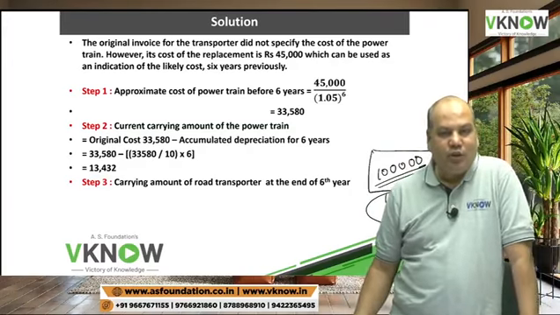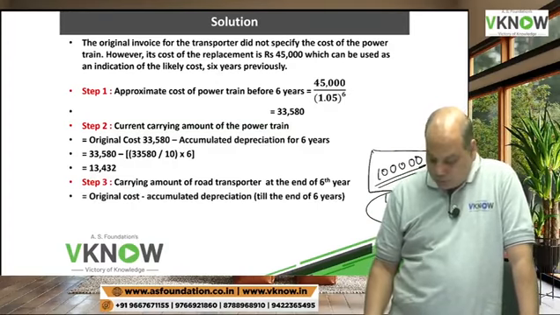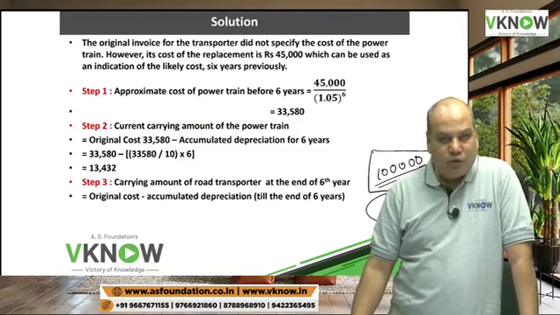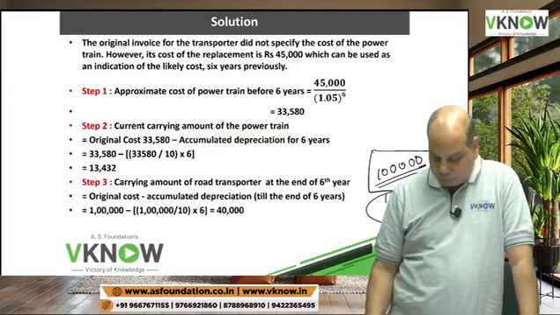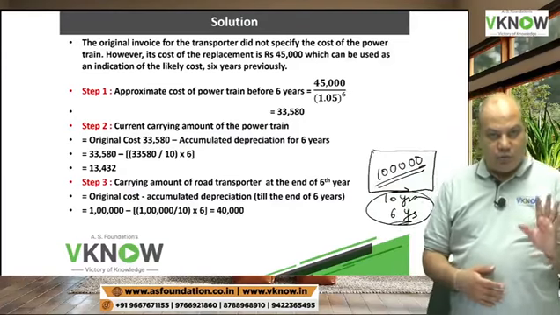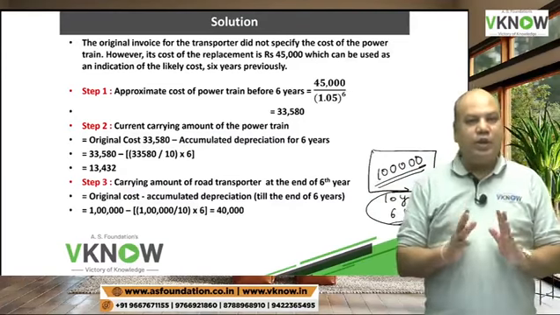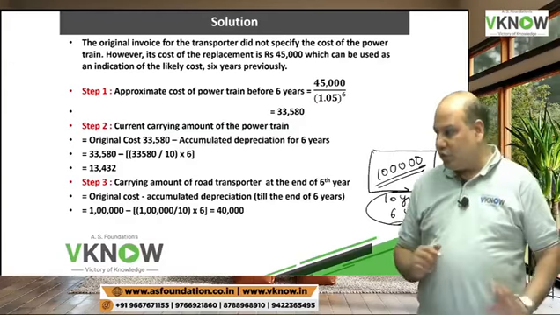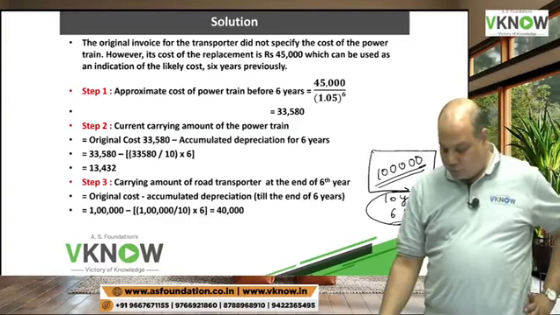What is the carrying amount after 6 years of the entire road transporter? The answer will be, like you have computed earlier, original cost minus accumulated depreciation. Original cost of the transporter is 1 lakh minus, in bracket, accumulated depreciation 1 lakh divided by 10 into 6. So 40,000.